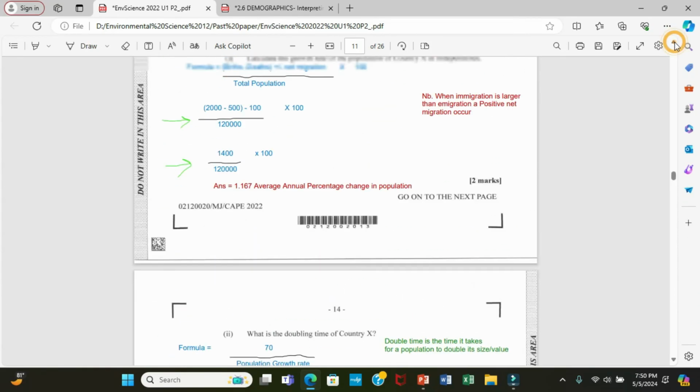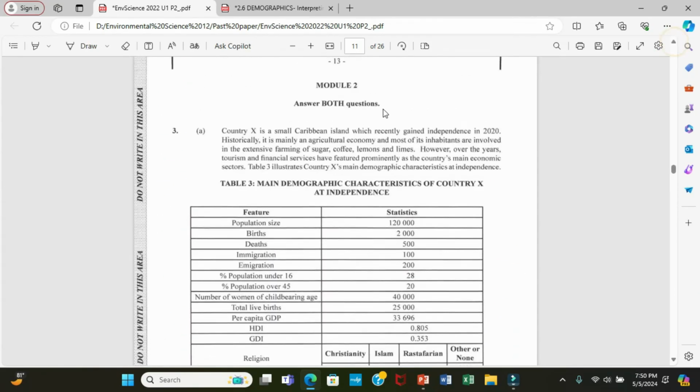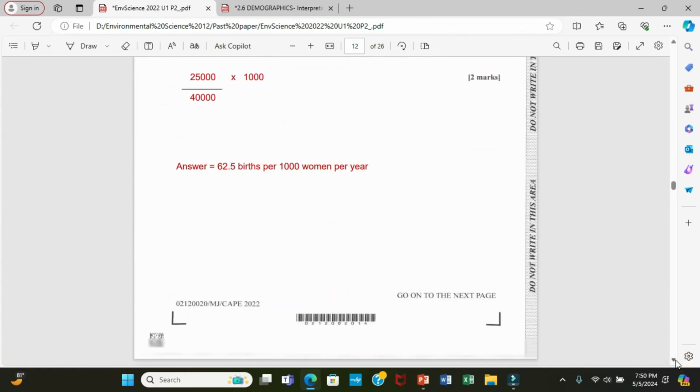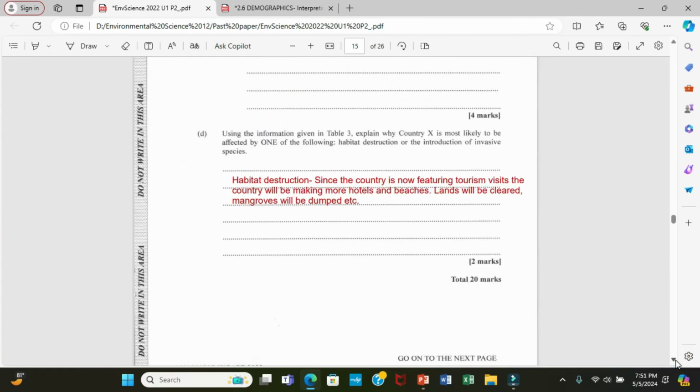it says that over the years, tourism and financial services have featured prominently as the country's main economic sector. And I realized this in even the Caribbean countries, because in order to get income, these countries, they will promote tourism and they'll do almost anything to keep or get these tourists here.